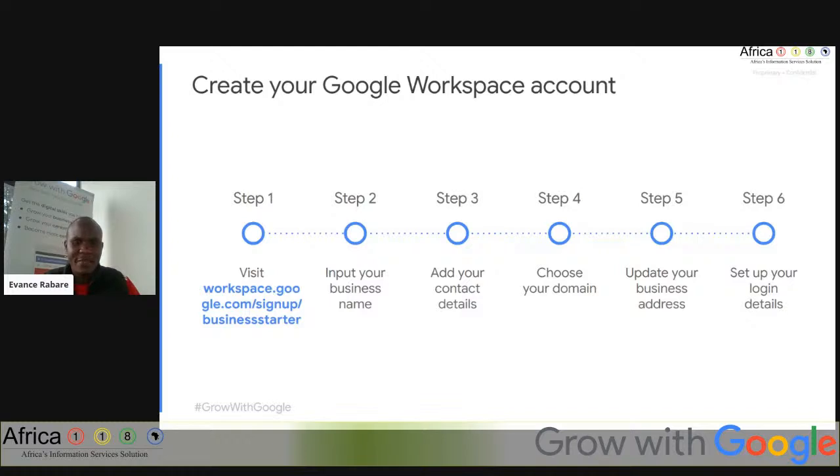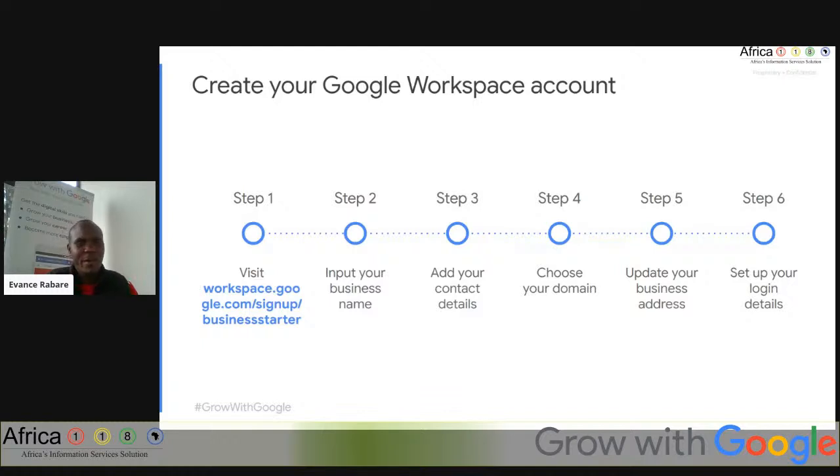Once you visit that, you need to input your business name. So, for instance, if you are Hardisville Hotel or if you are Skylight Hotel, you need to input your business details. The third step, you need to add your contact details, your phone number.